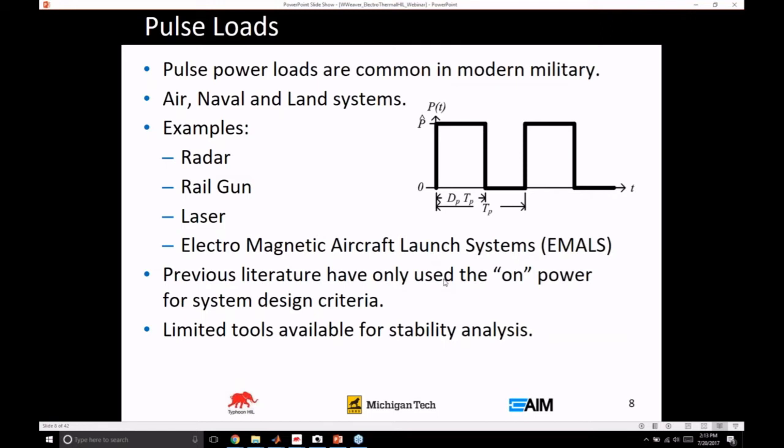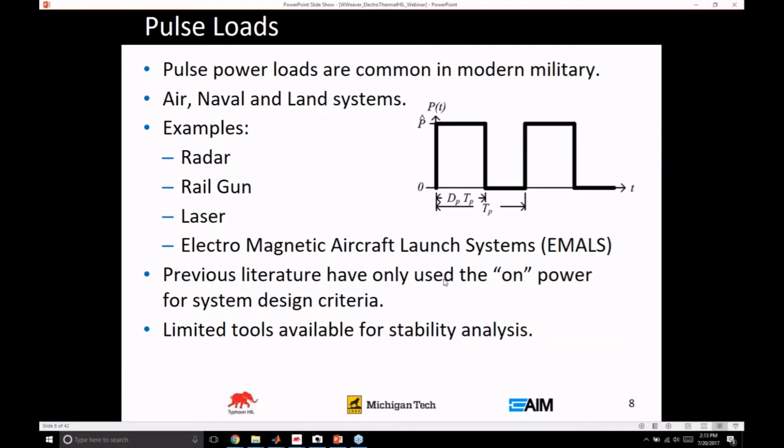And in fact, might come in bursts or may come in groups of pulses. So we're going to stick to just a simple PWM sort of pulse power characteristic. And what this really represents is a lot of new systems like radars, rail guns, lasers, C-whips, and EMALs that are going on newer aircraft and naval vessels.